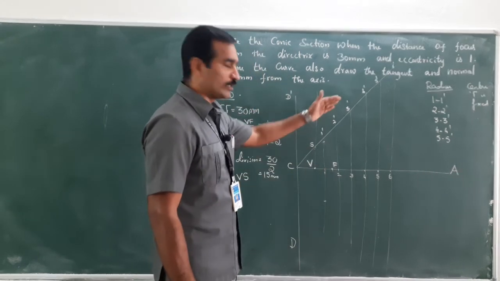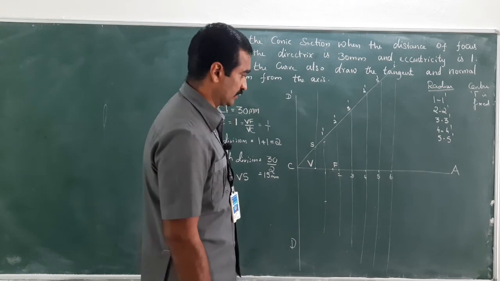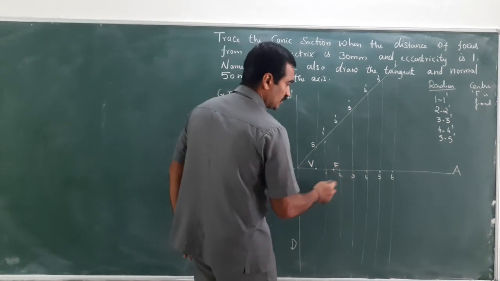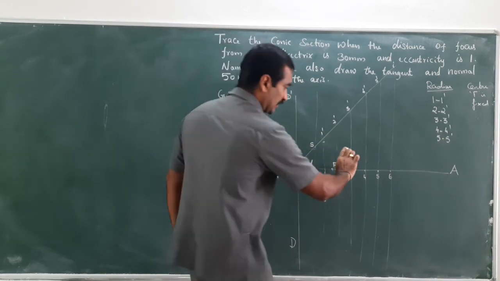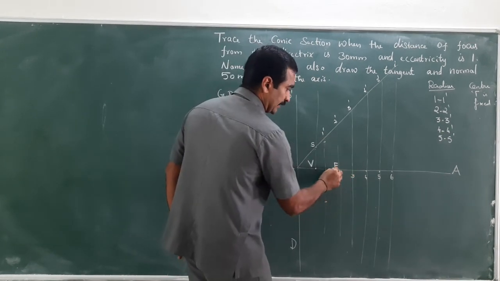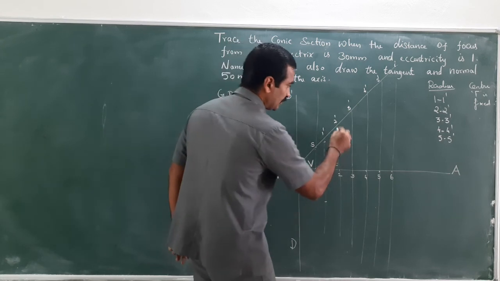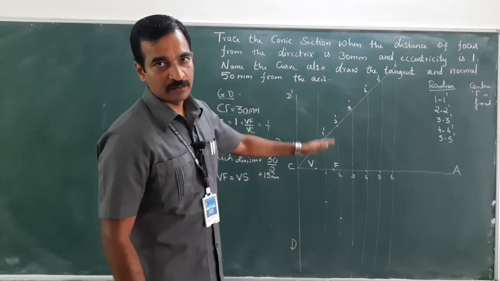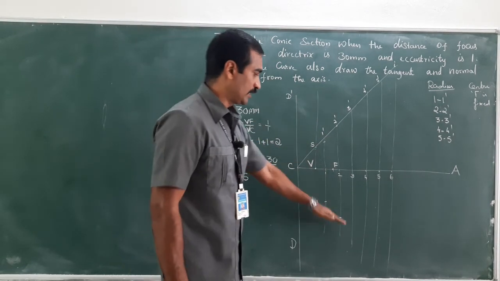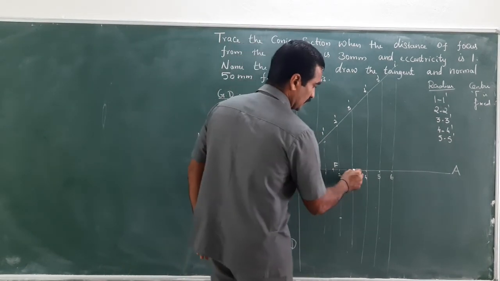That means above the axis as well as below the axis. Now change the radius to 2 dash in your compass. Measure to 2 dash and keep F as center. Cut an arc on either side of the axis, above and below the axis.